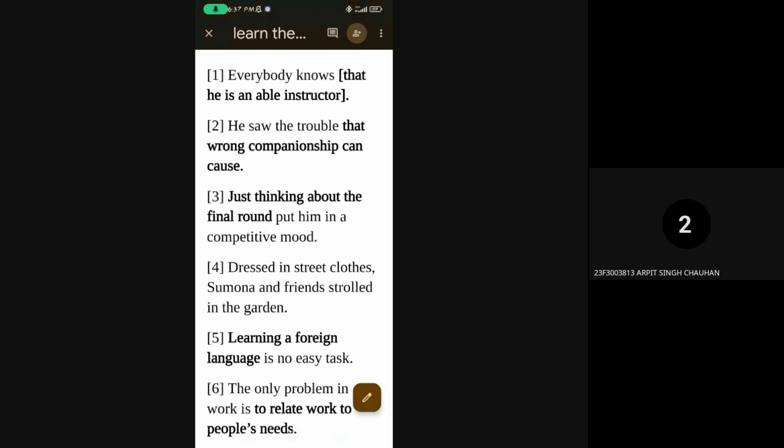Yeah. So see, look at this one. All we have done is, you tell me what the verb in this sentence is. Third one. What is the verb here? Put. Put is your verb here, right? And what is your object here?